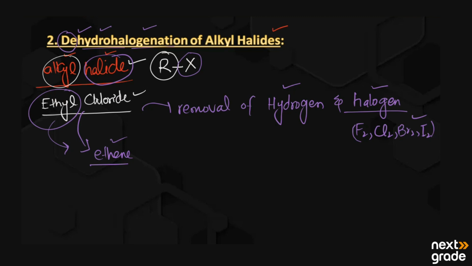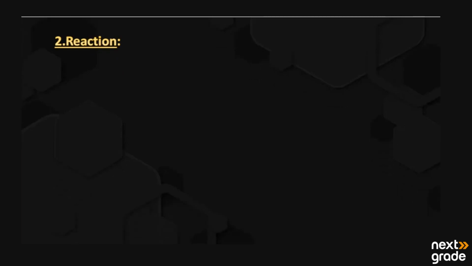So let's have a look at the chemical reaction for the dehydrohalogenation of the alkyl halides. For example, we have the alkyl radical ethyl, CH3CH2, with one chlorine atom. This is the ethyl chloride.